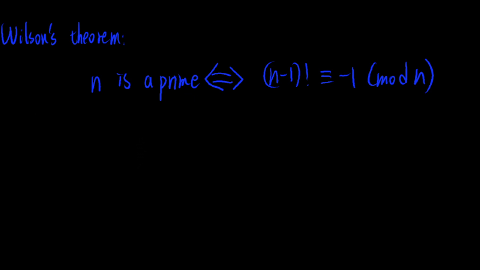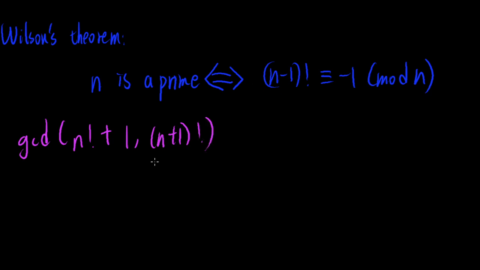And we can use Wilson's theorem to do some problems. For example, we want to find the GCD, the greatest common divisor, of n's factorial plus 1 and n plus 1's factorial. It is clear that we may consider a prime p that is a divisor of both of these two numbers.